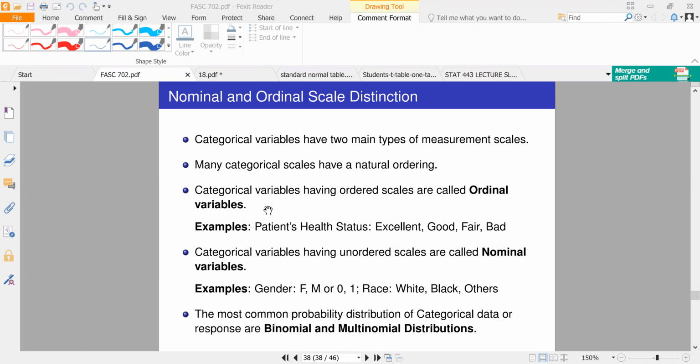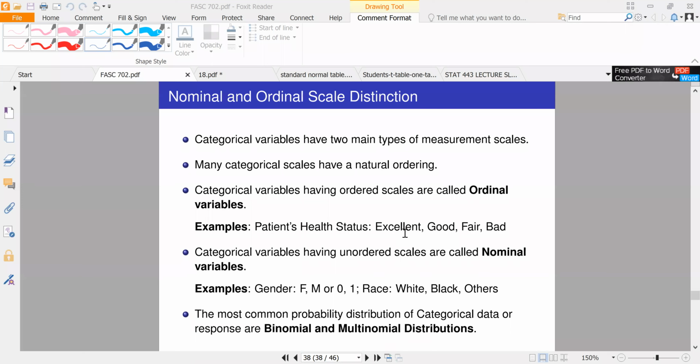For instance, if we are talking about a patient's health status, it can be excellent, good, fair, or bad. What you can do here is assign 1 for the status bad, 2 for fair, 3 for good, and 4 for excellent.